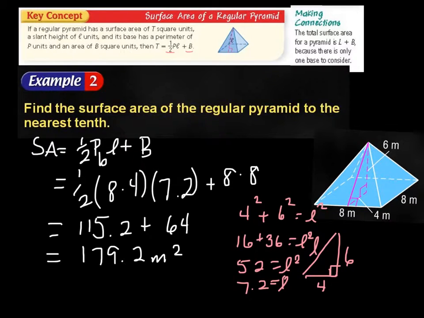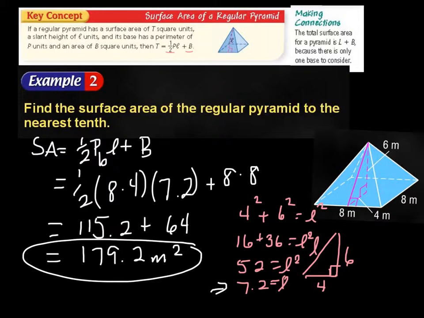Okay, now that's what I got with rounding to the nearest tenth at that point. But if I left this value on my calculator and then plugged it in up here, it changes my value to 179.4. So be warned, a little bit of rounding will change your answers, but we've done that before.